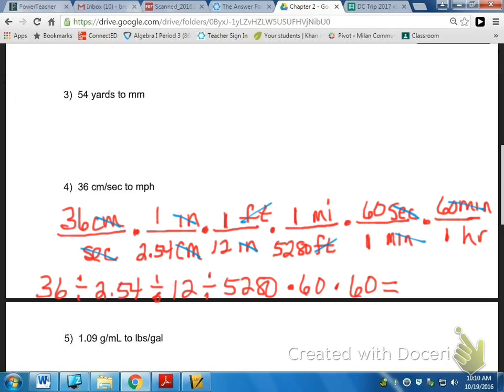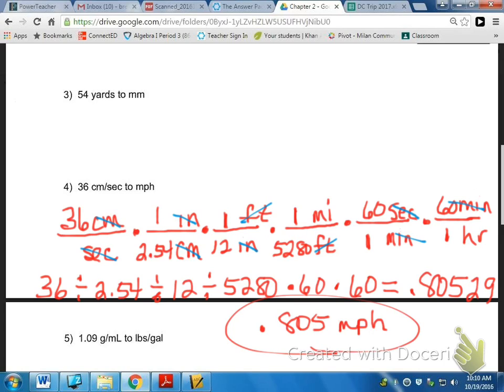Anything on the bottom you divide, anything on the top you multiply, and you can just do it in one long line. And it came out as 0.80529. Okay, so let's say 0.805, so 3 decimal places, and then mph, miles per hour.